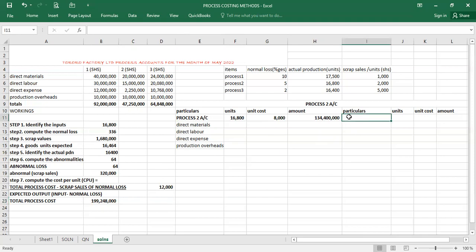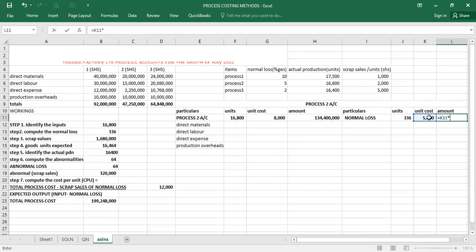So we come here and we start with our normal losses. Normal losses, which are 336. Then our selling price for those normal losses is 5,000. So we get here the total value.